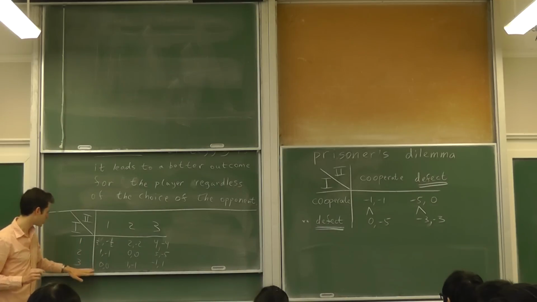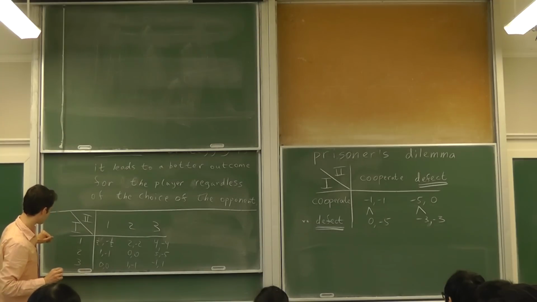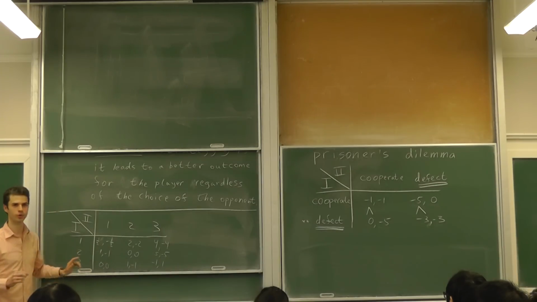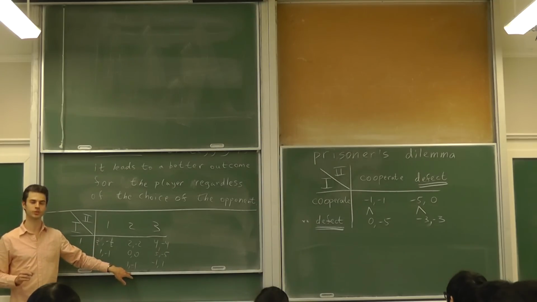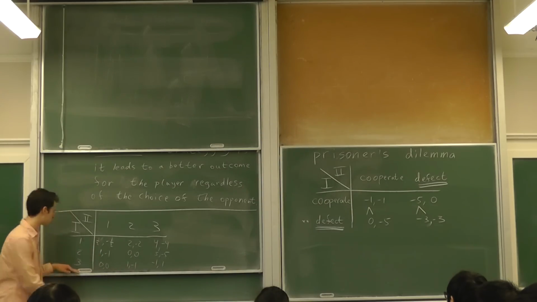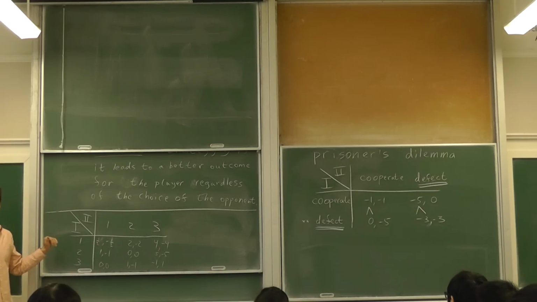But still, strategy 3 is strictly worse than strategy number 1, even with these numbers. Even though here the worst outcome is 1/2, and here the best outcome is 1. Still, strategy 3 is strictly worse than strategy 1.